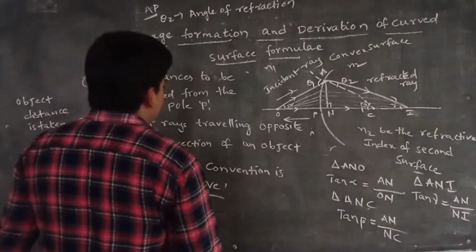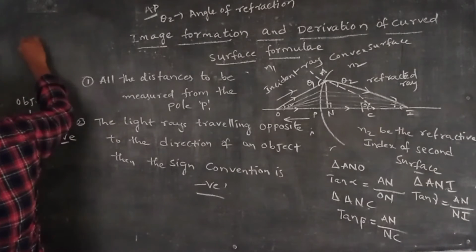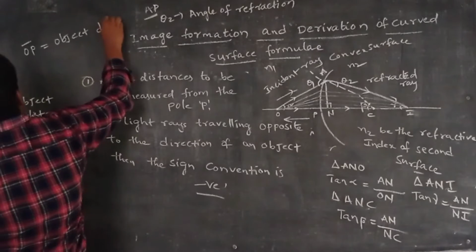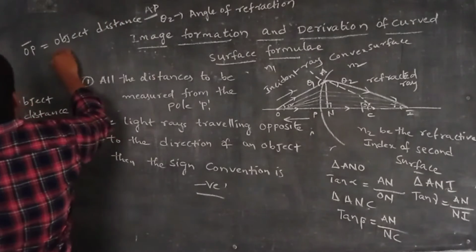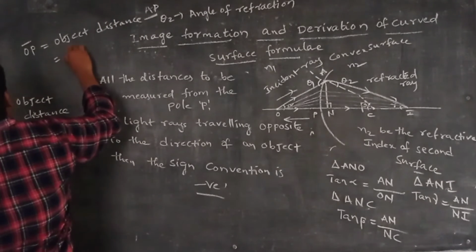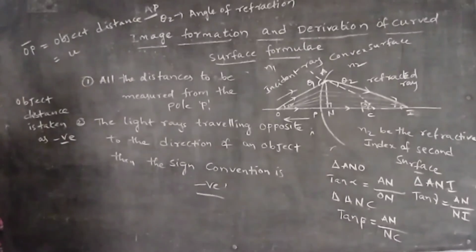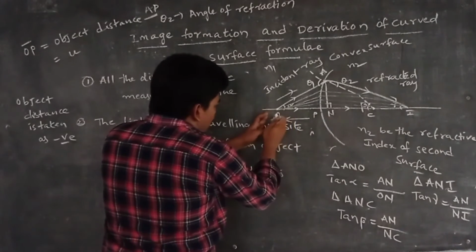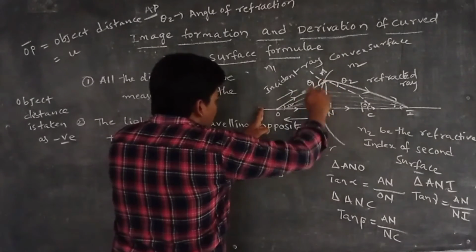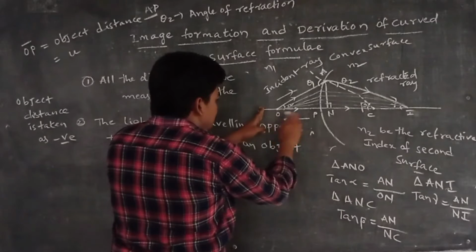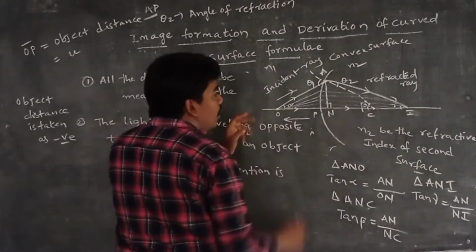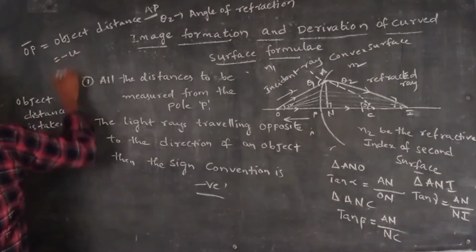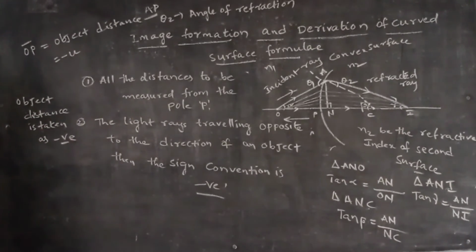In this diagram, OP or PO is the object distance, indicated with the letter U, measured from pole to object. So OP is taken as minus U.